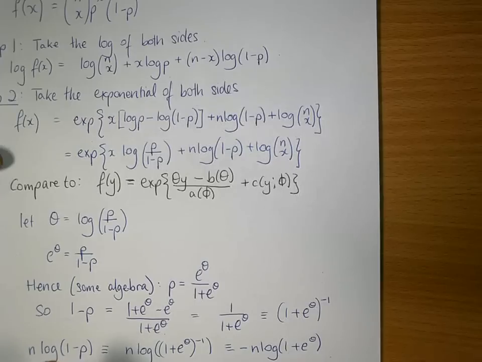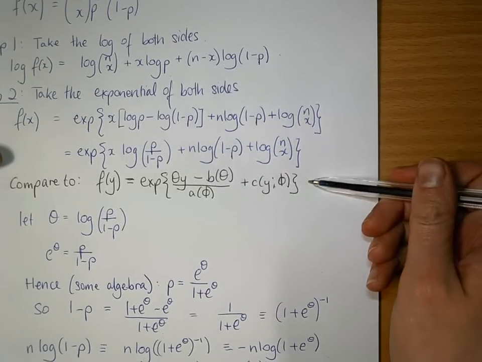So I now can say f of x is equal to the exponential of x theta minus n log 1 plus e to the theta plus log n choose x.